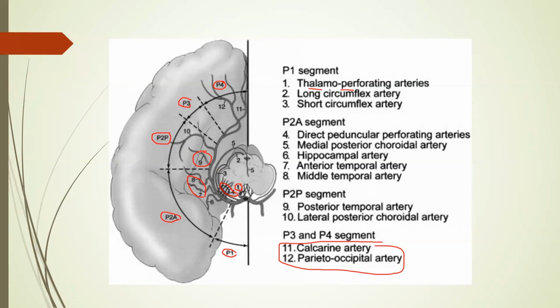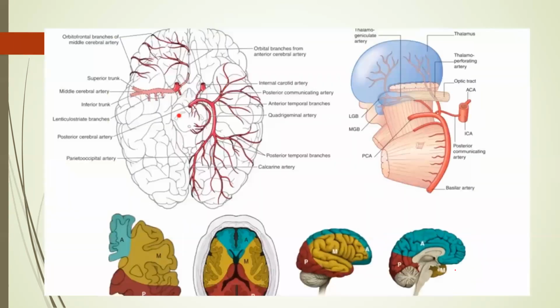Now, what you need to really look at here is the collaterals. There are a lot of collaterals which occur in patients with posterior cerebral artery involvement. These patients have a lot of feeders from the middle cerebral artery, which we will see in the subsequent slides. This image gives you the view from the undersurface of the brain.